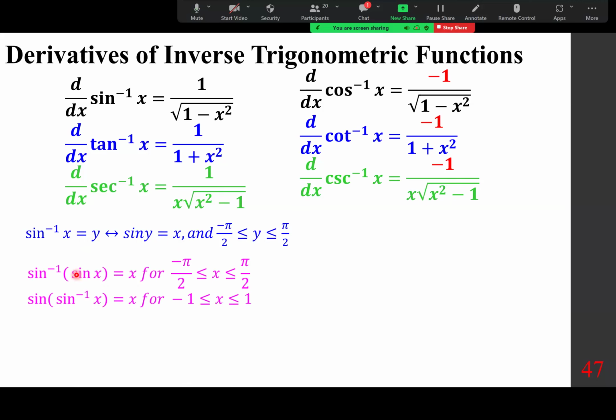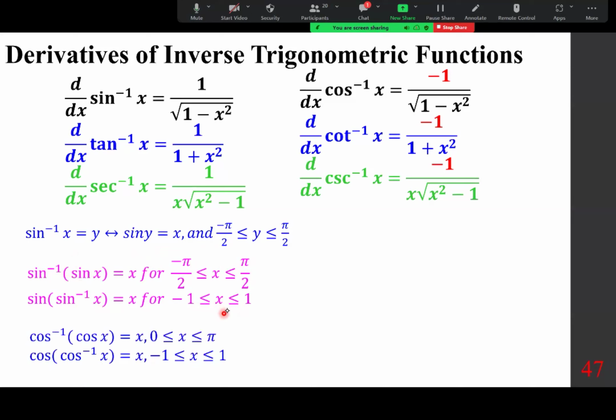And sine inverse of sine x equals x, and sine of sine inverse of x equals x. As long as, in this case, we pay attention to sine x, x must be between negative pi over 2 and pi over 2. As we go to sine inverse, x must be between negative 1 and 1, because domain becomes range, and the range of sine, which was negative 1 to 1, becomes the domain of its inverse.